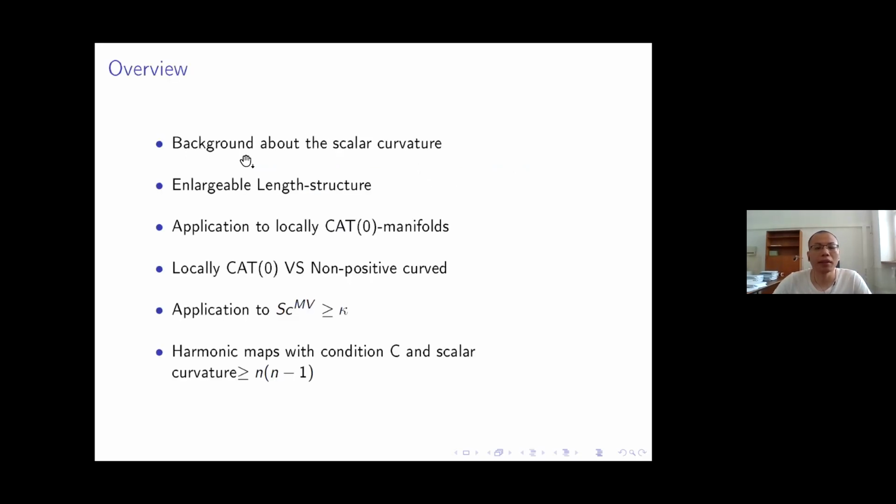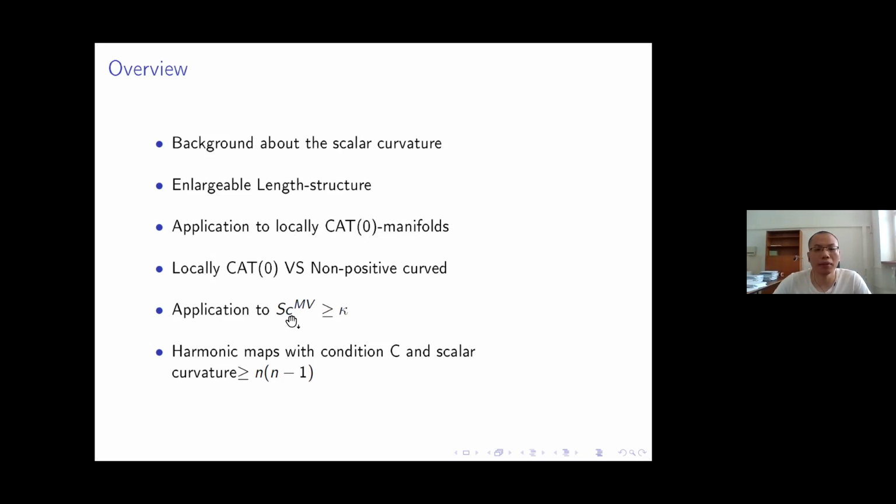First, I will give the background about the scalar curvature, and then introduce the enlargeable length structure. Then we take an application to locally CAT(0) manifolds, and we will see the difference between the locally CAT(0) manifold and the non-positively curved manifold.